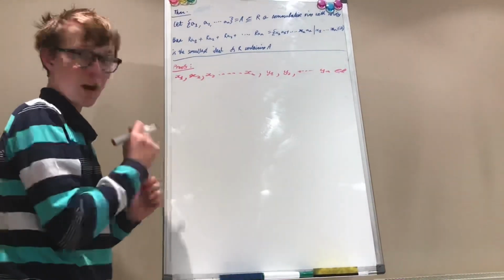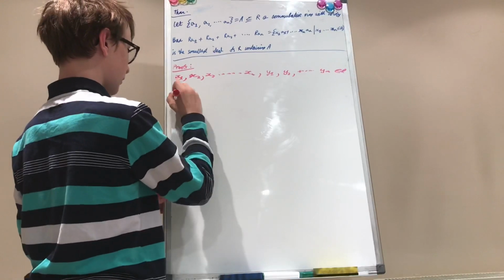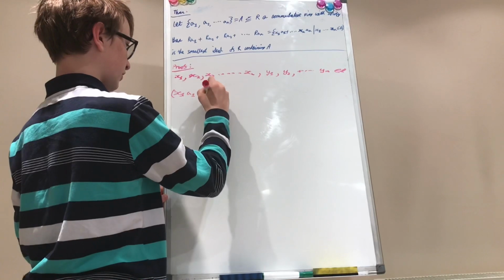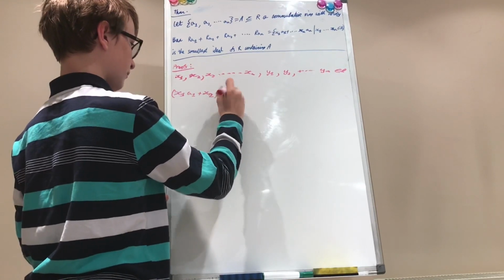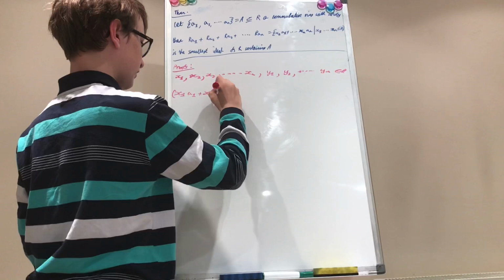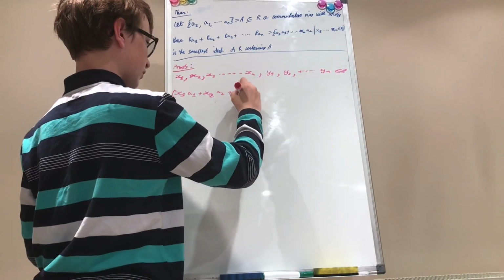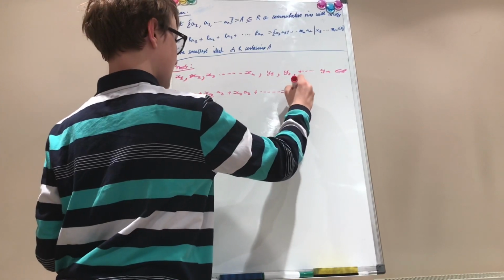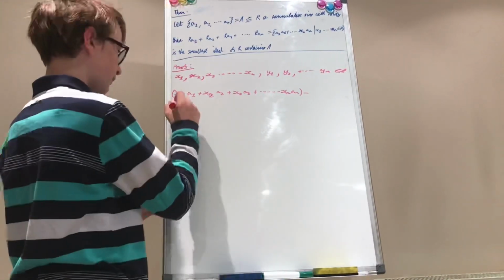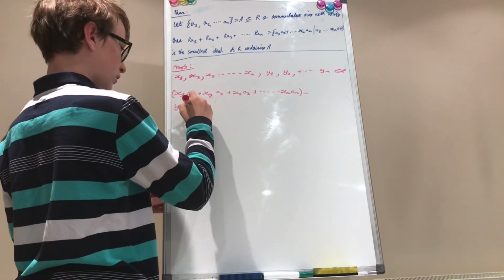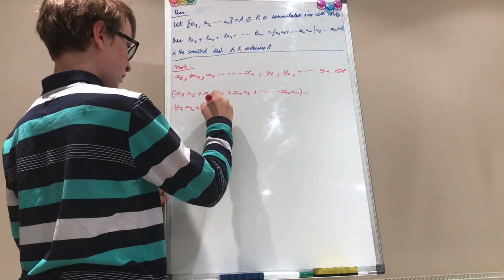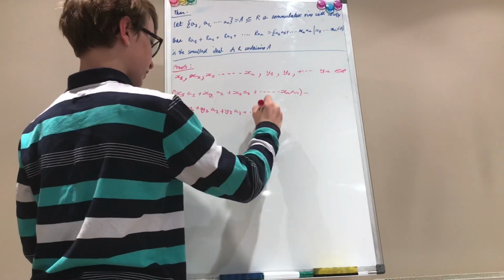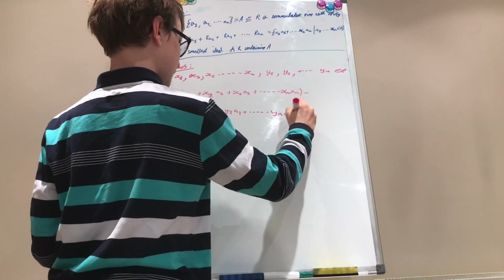well then when we subtract those two, we have x1a1 plus x2a2 plus x3a3 plus all the way up until xnan, minus y1a1 plus y2a2 plus y3a3 plus all the way up until ynan.